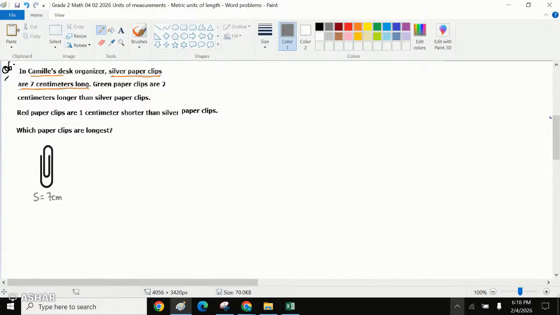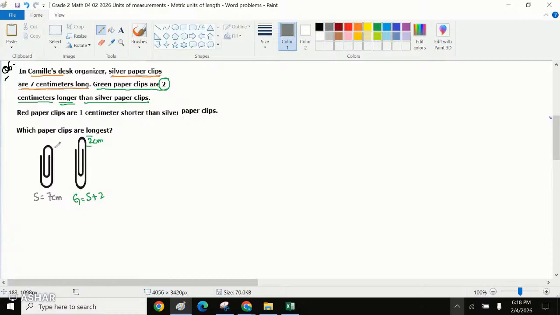Then it says green paper clips are 2 centimeters longer than silver. That means green were silver plus 2, 2 centimeters greater than the silver.